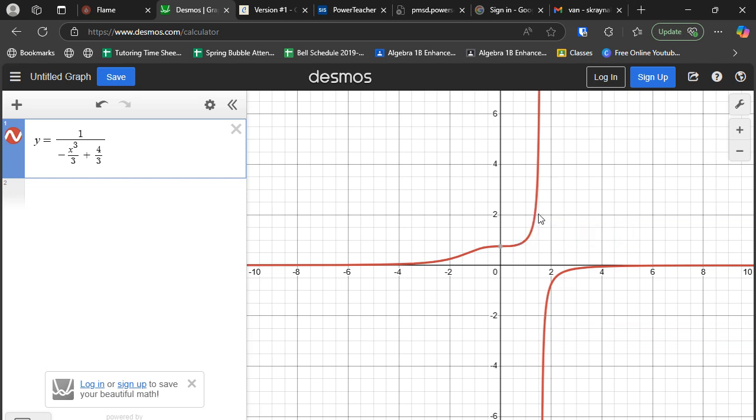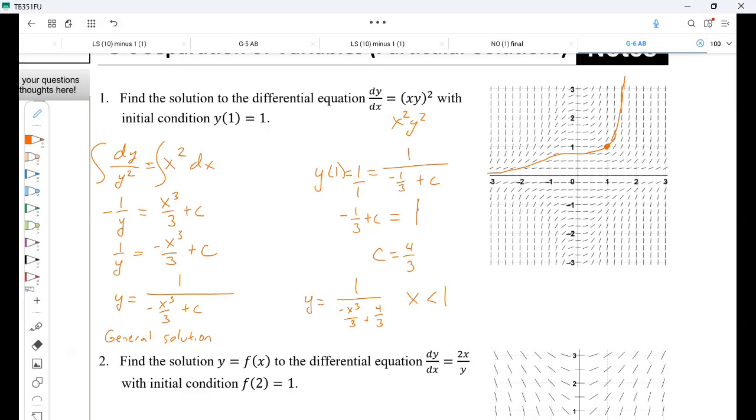No, it goes further. Yeah, I guess we'd actually have to solve it. Okay, in that case, I'm going to leave it off, because I know that wasn't his intention right there. But I do want to make the point that our solution curve does not include the part that would be over here, over that infinite discontinuity.